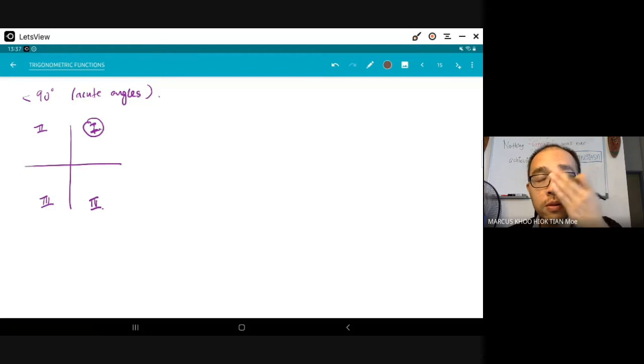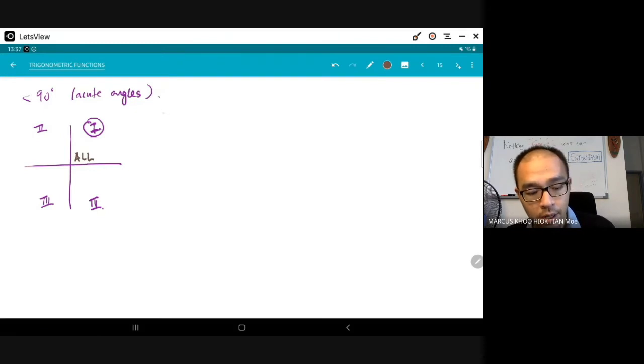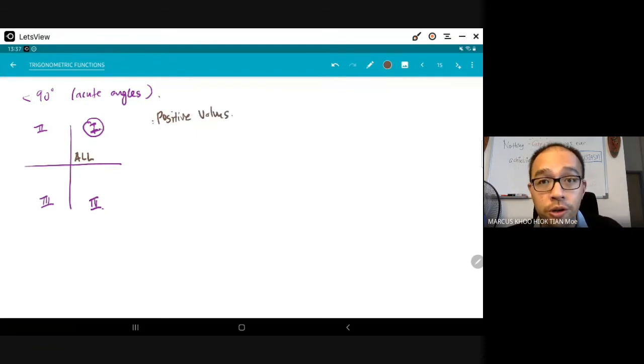Let me give you the summary first, then we will discuss a few examples. Firstly, in the first quadrant, all values are positive. I'm writing it in brown. Any angle in the first quadrant, all trigonometric ratios are positive.